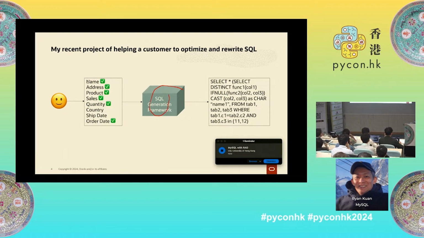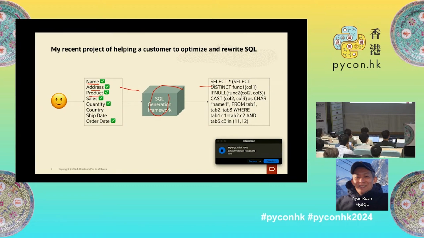Based on the data they want to find out about the customers, for example, shipments from Korea to Hong Kong, products and categories, and from this day to that day, that is input into the generation framework. The framework stores all these SQL parts in a table. Based on the data elements they selected, it will generate a huge SQL statement and then throw it out to MySQL.